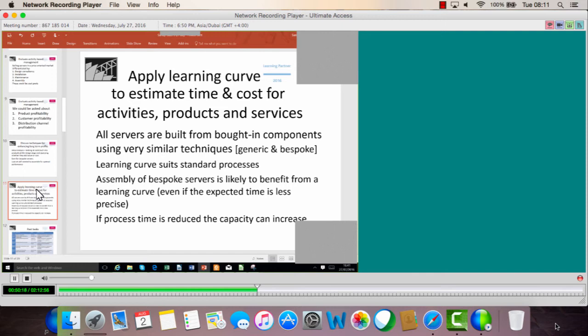But the techniques that we use to convert those bought-in components into the saleable servers are very similar. We're told that the methods that we use, whether we are building a generic server or whether we are building a bespoke server, are similar.